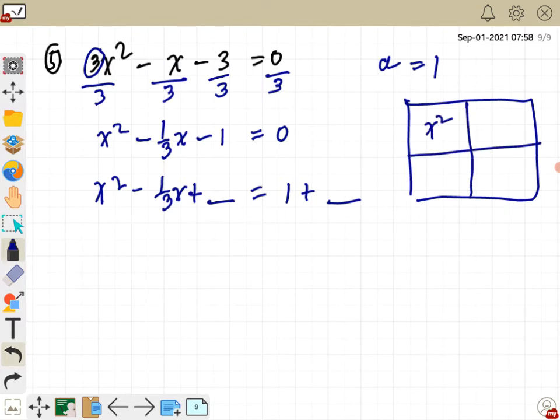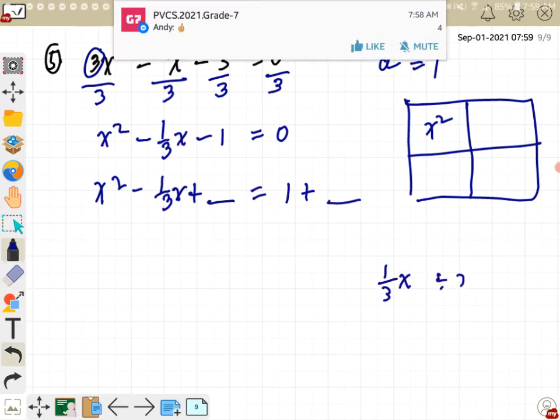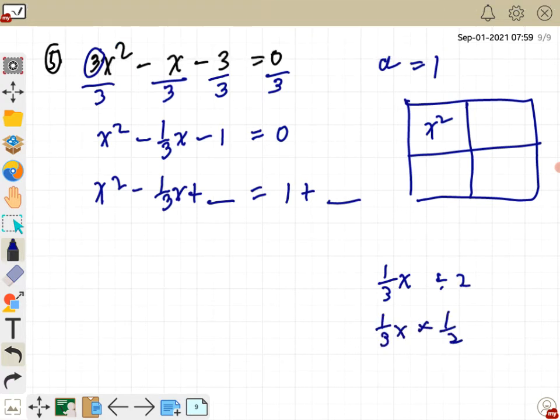If we're going to do that, this becomes x squared. So we need to cut 1/3 x into 2. That is simply saying 1/3 x divided by 2, that is 1/3 x times 1/2, and since this is negative and negative, each of these must be negative 1/6 x.